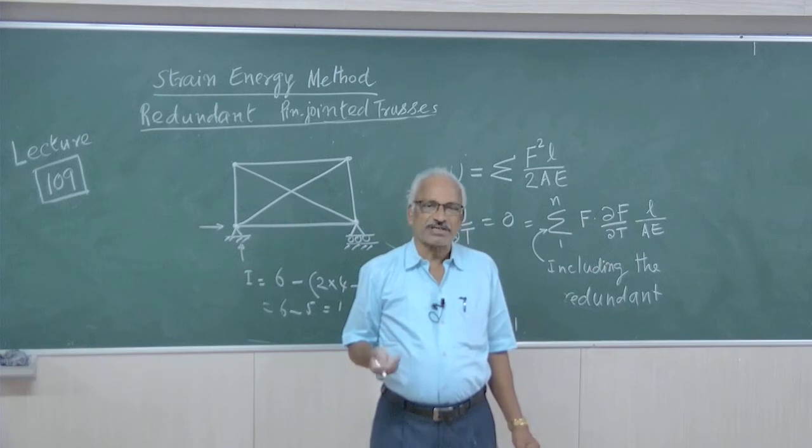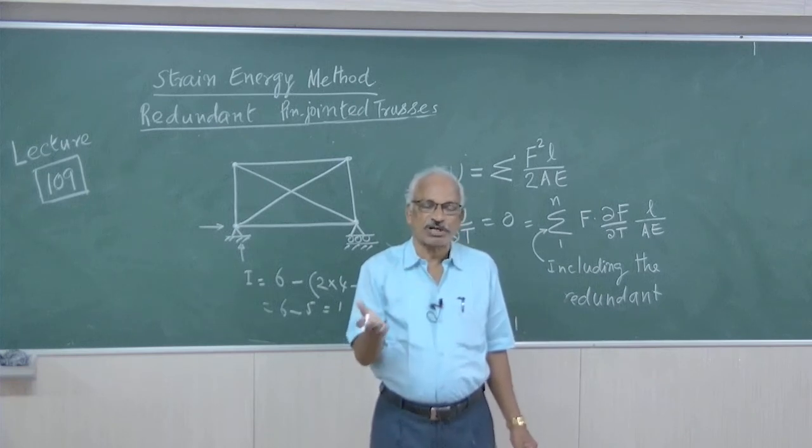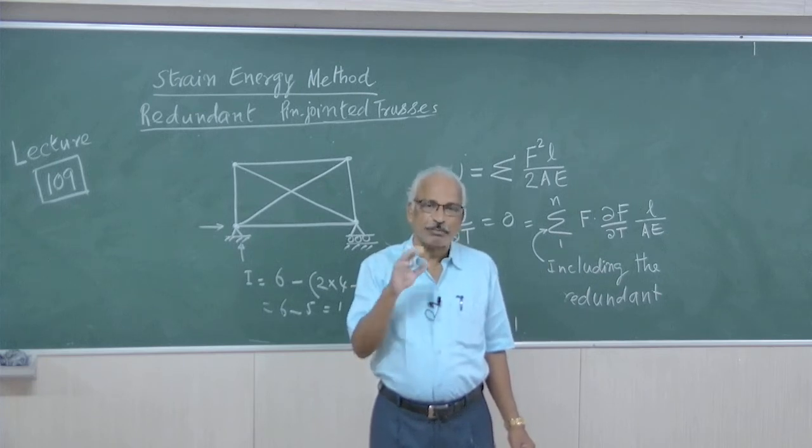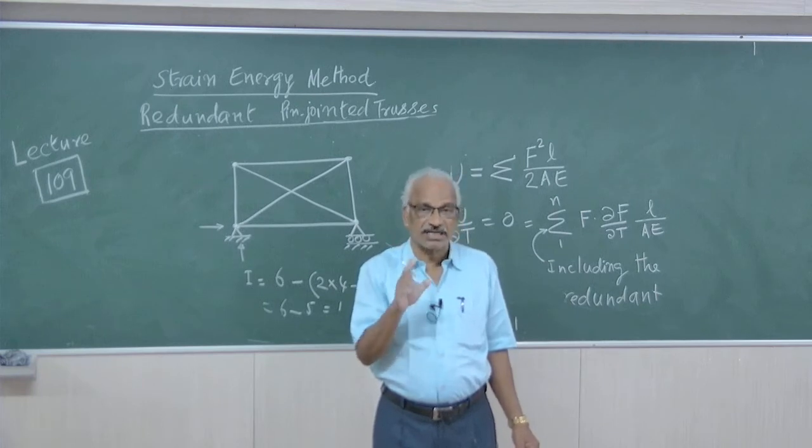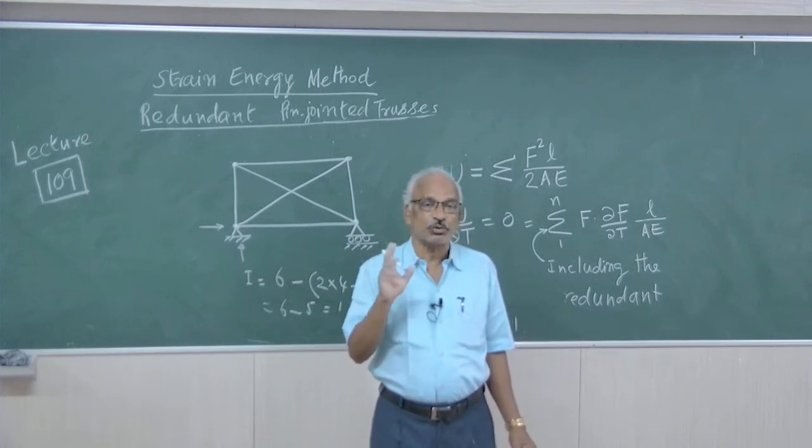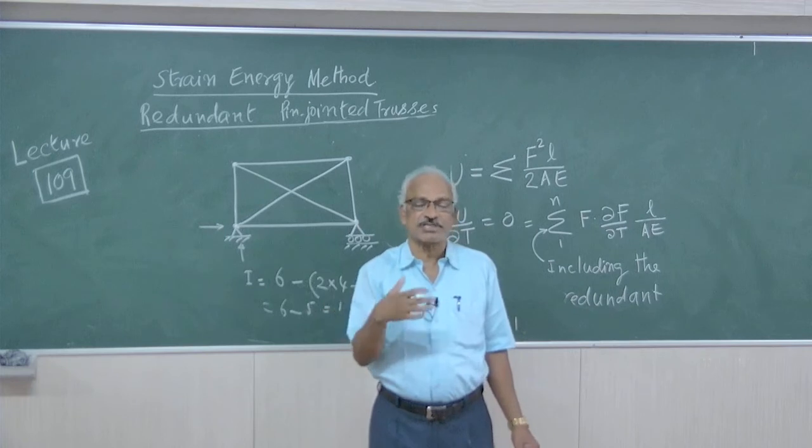So depending upon the structure, we consider the respective forces and proceed with the design. In the case of beams and portal frames, we considered bending as the predominant force. The strain energy due to bending alone was considered, integral M square dx by 2EI. Other terms we omitted.